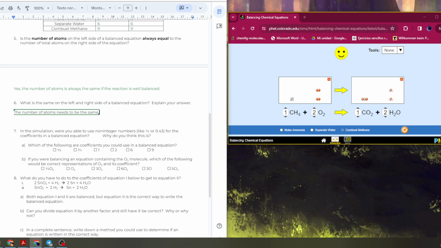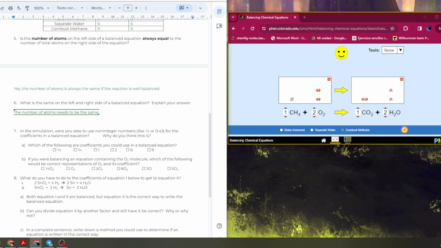Solo podemos poner aquí números enteros. ¿Vale? Why? Because I cannot have a half of a water molecule. The molecules are an arrangement of atoms that is always the same, so I cannot have a quarter of a molecule or 3/4 of a molecule.